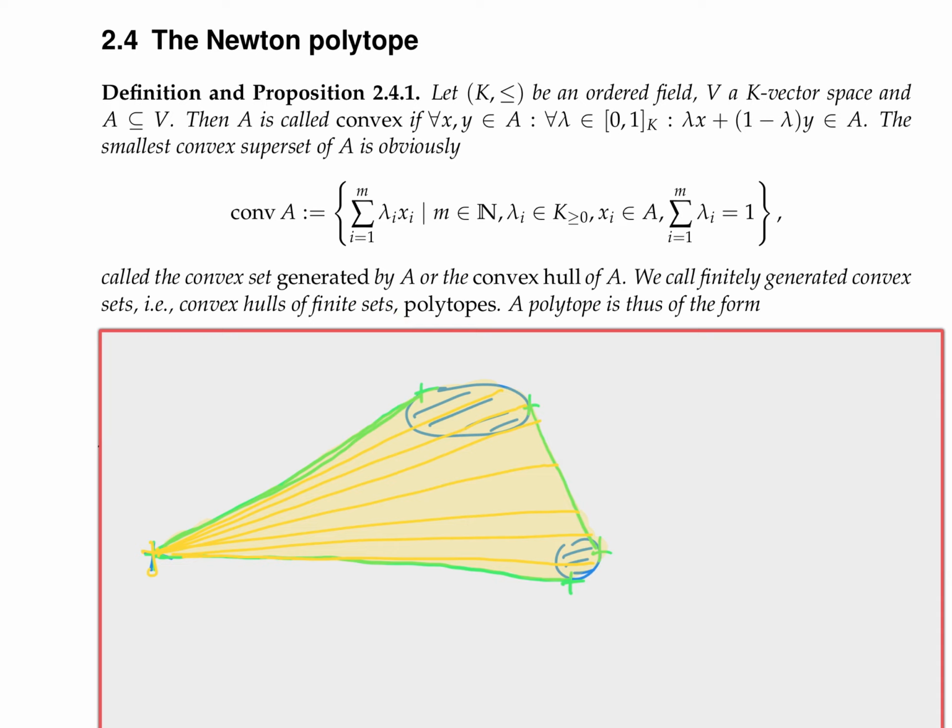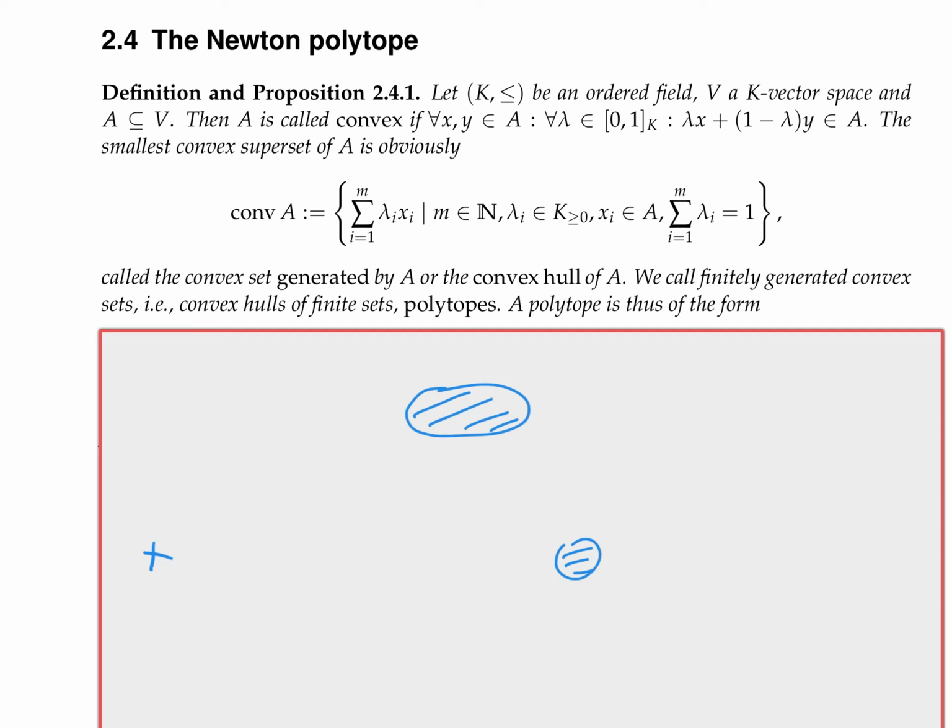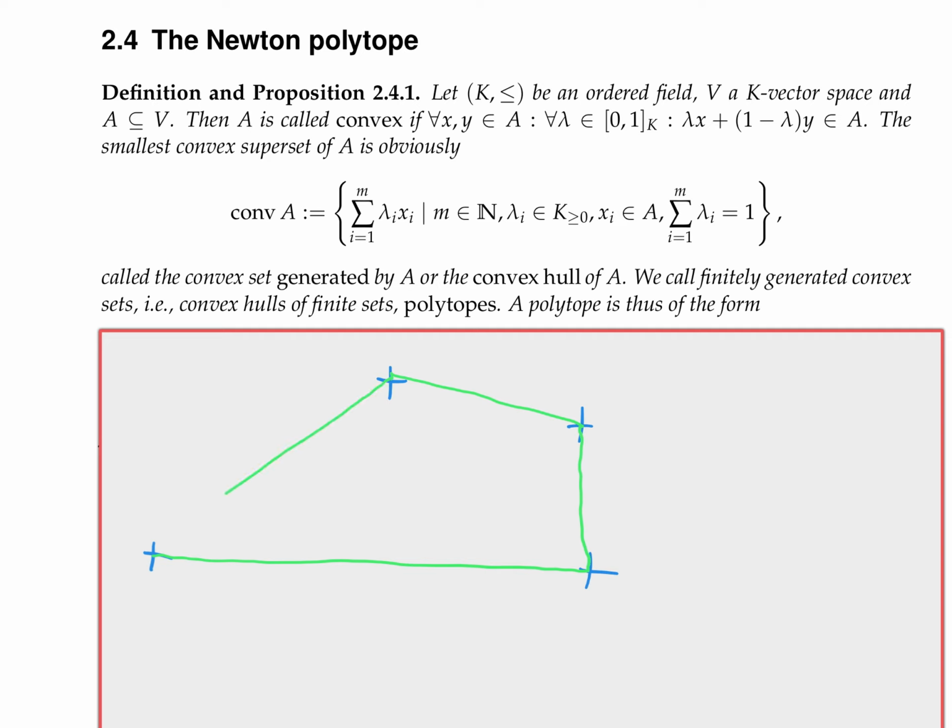So geometrically, if instead of this set here you start just with finitely many points, the corresponding picture is, of course, a convex hull like this.